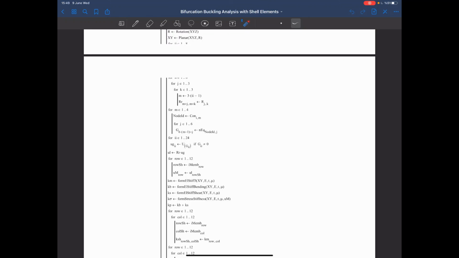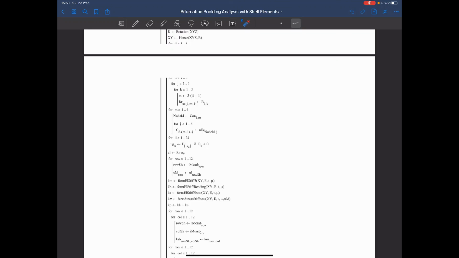And then I come here. For every element, I'm obtaining the nodal displacements in global coordinates, multiplied with the R matrix, obtaining the nodal displacements in local, but I will only need the membrane displacement so that I can calculate the membrane forces. So here I'm just extracting the membrane displacements and putting them in this UM.